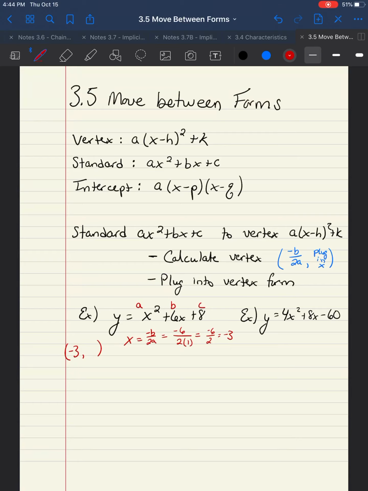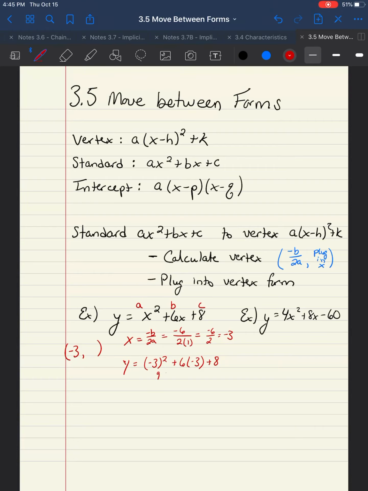Now that I have my x value, and I went ahead and wrote down -3 comma blank, what do I do to find y? I take the value of x that I found and I plug it into my equation for what? x. So everywhere I see an x, I'm going to replace it with -3.